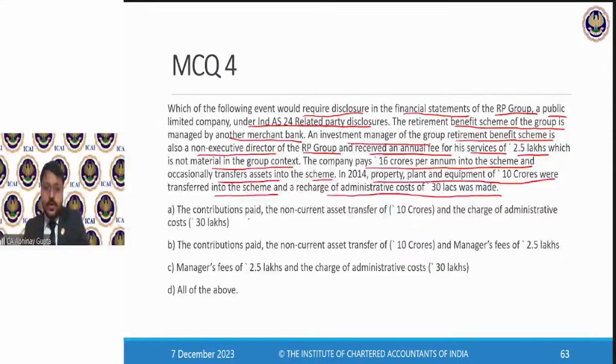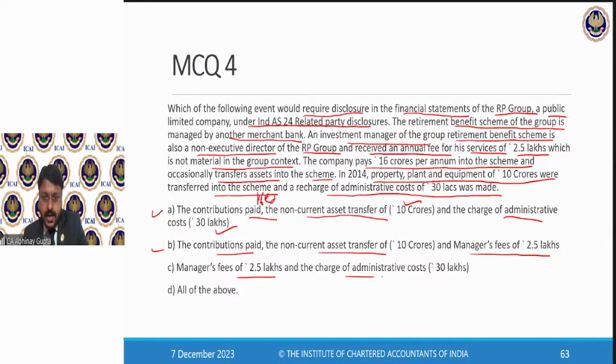Now, the contribution paid, the non-current asset transfer, and the administrative charge, that is 10 crore and 30 lakh, and the contribution, how much was it? 16 crore, right? 16 crore. All these need to be disclosed. Contribution paid, asset transfer, and manager's fees need to be disclosed.